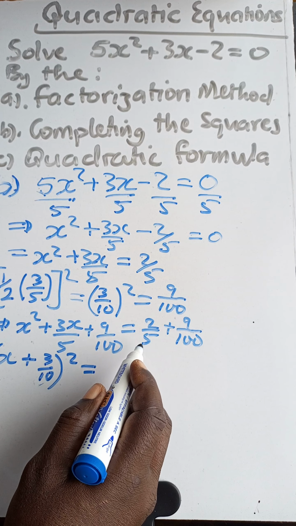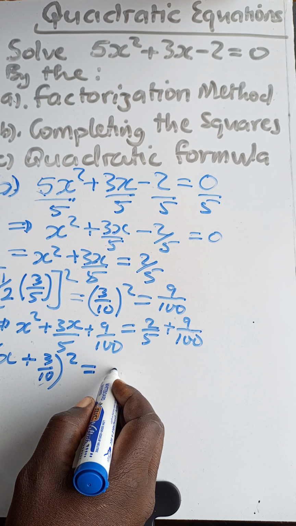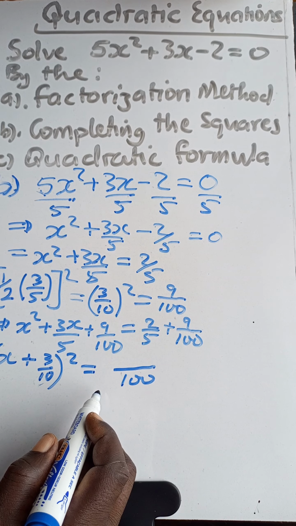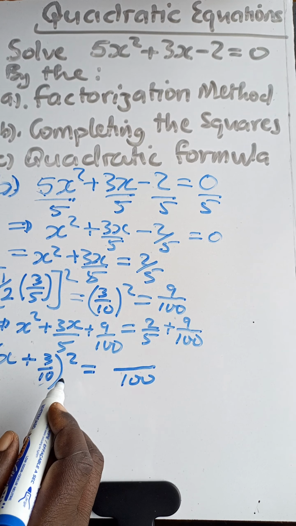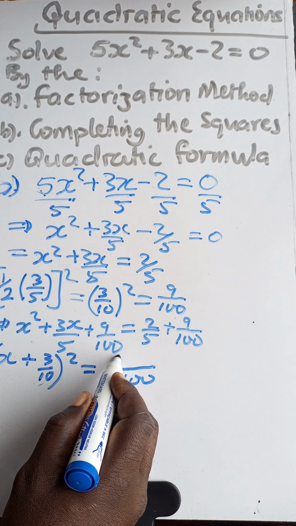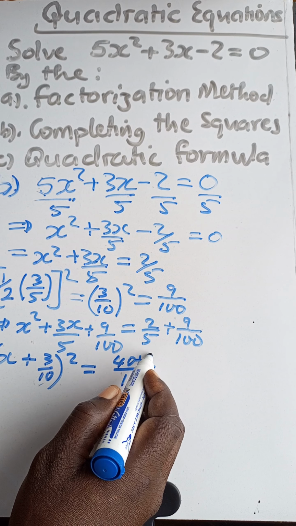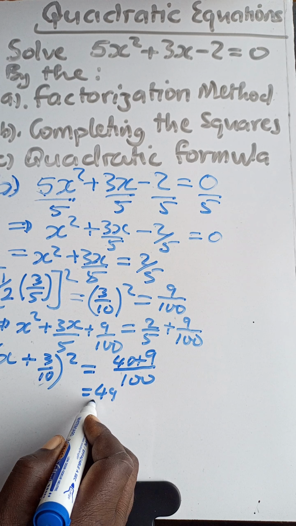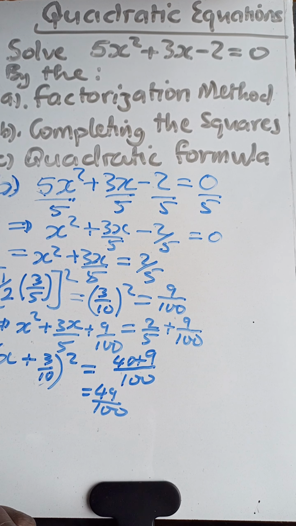Now the right hand side, let us simplify. The LCM is 100. 100 divided by 5 is 20. 20 times 2 is 40. So that gives us 49 all over 100.